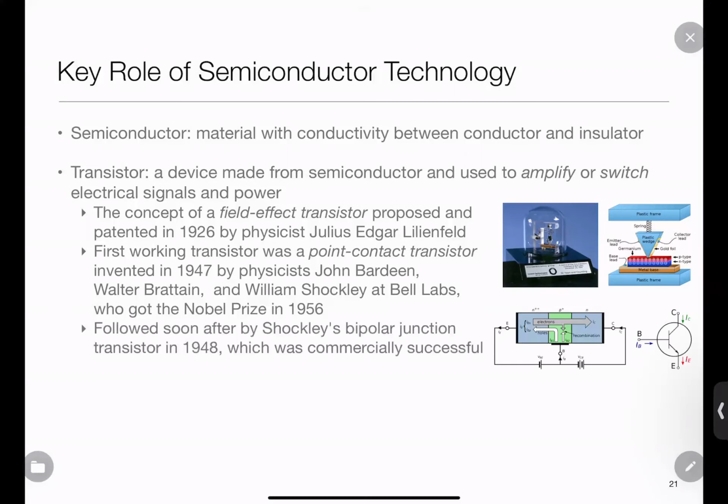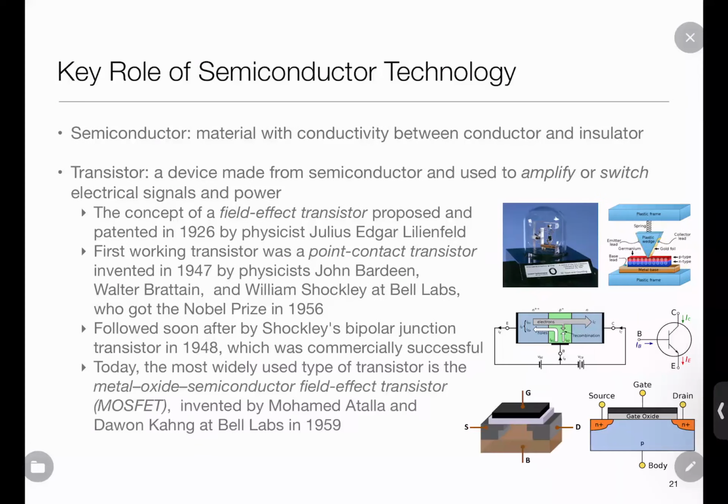The commercial version that came up is by one of the same physicists, Nobel laureate William Shockley. It came about a year later, and it's called the bipolar junction transistor. If any of you are engaged in hobby electronics, you have probably used a BJT transistor. They come under the names NPN and PNP. A lot of people use it, and it was commercially successful. It is still used, but it is not the one which we use in digital systems.